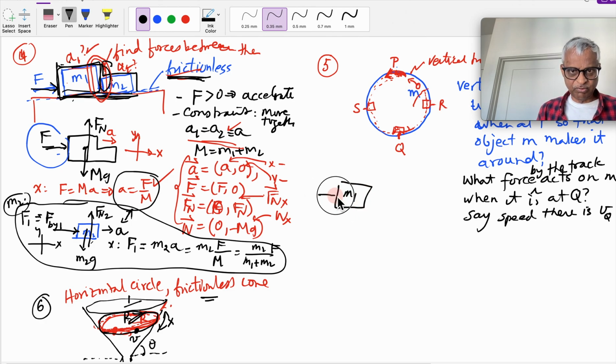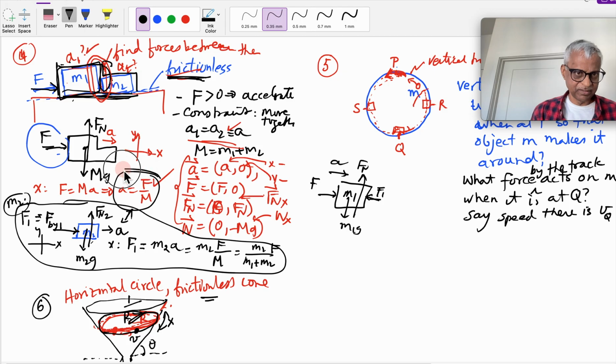On M1 you have an outside force F, and then you have this force, F1, which points backward. And of course you have M1g and Fn. As a result of all that, this object is going at acceleration a, the same acceleration as that guy.